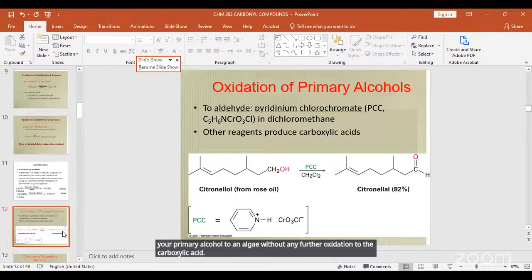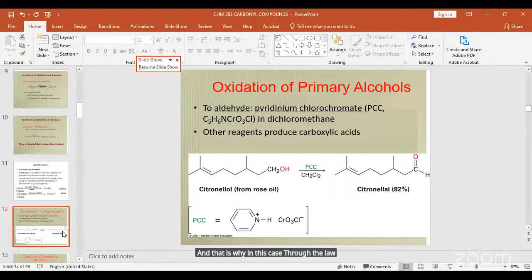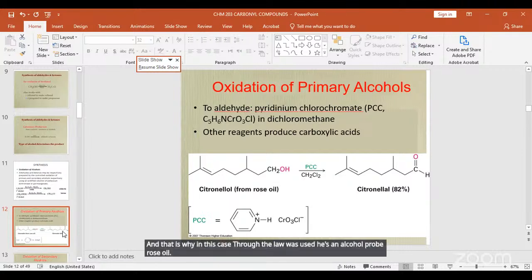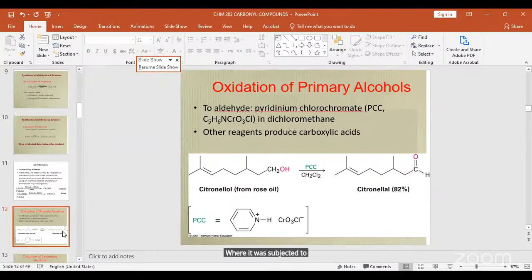That is why, in this case, citronellol was used. This is an alcohol from rose oil, and when it was subjected to oxidation using pyridinium chlorochromate, they had citronellal, which is an aldehyde. You can see the CH2OH, the primary alcohol, has been oxidized to the aldehyde.